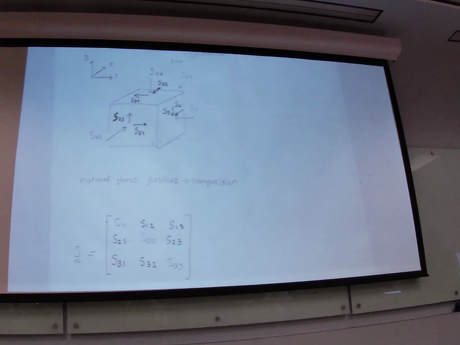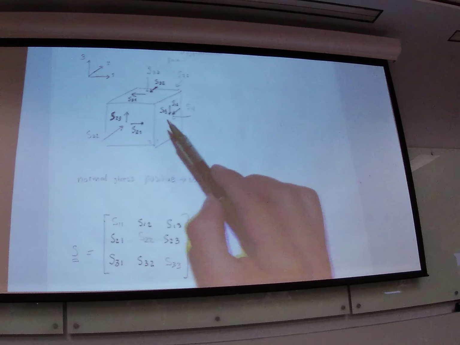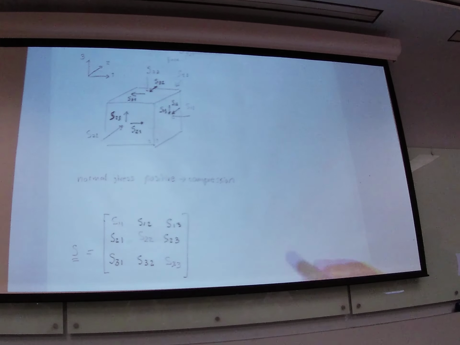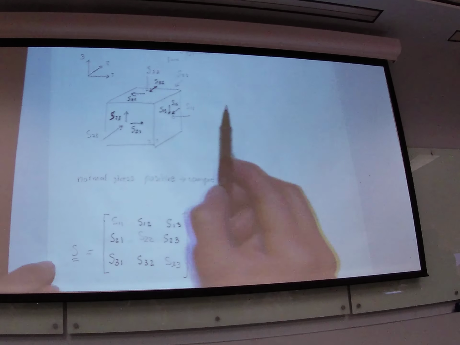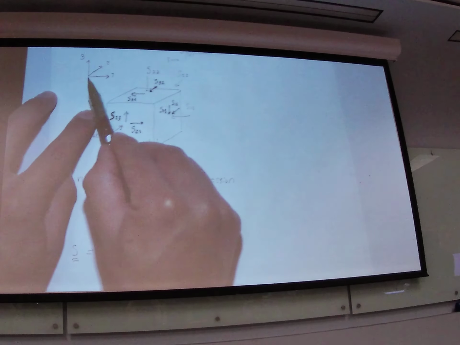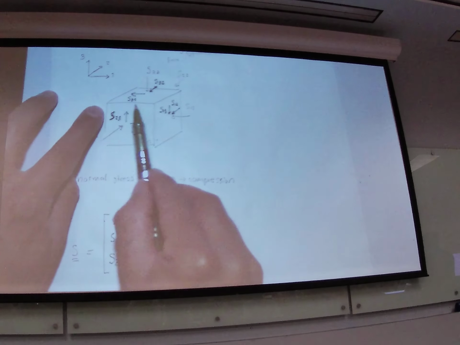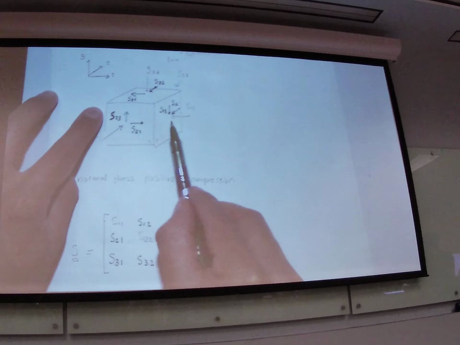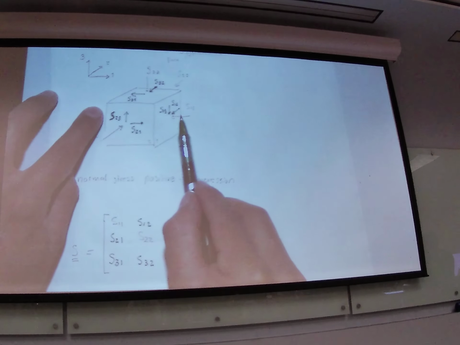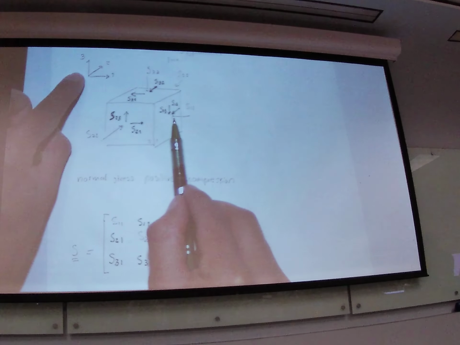Yes? Could you explain the blocking thing that you did before doing your shear directions? Yes. So, the rule for writing a positive stress, a positive number, is that whenever you move a positive distance, and that means going in the directions of the coordinate system, for example going from here to there, when you get to the other face, the arrows of stress, in order to be positive, should each be opposite to the directions of the coordinate system.